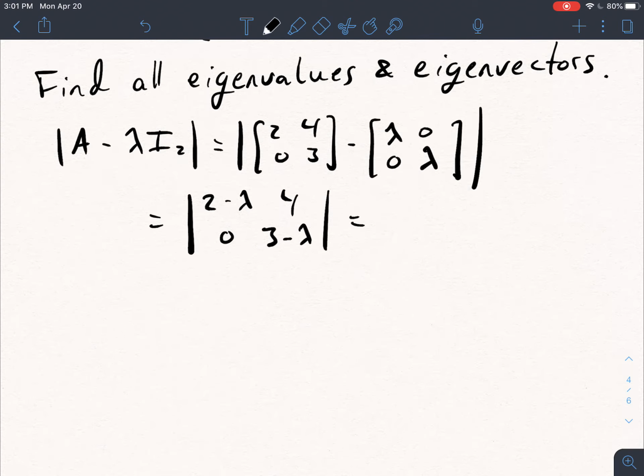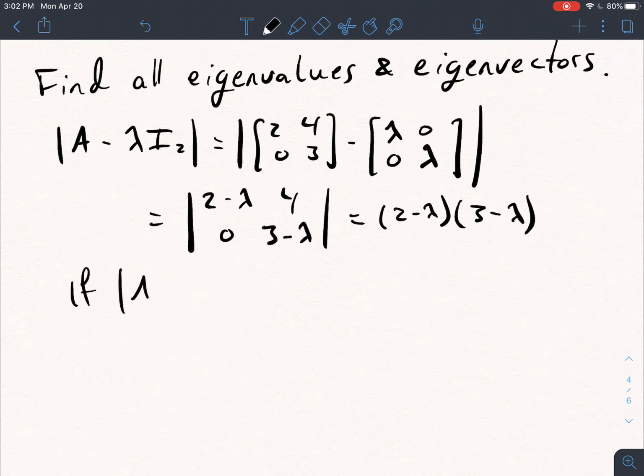And so this one's easier because this is already an upper triangular matrix. It's in echelon form, so its determinant is just the product down the diagonal. And this makes it really easy because it's already given to us in factored form.